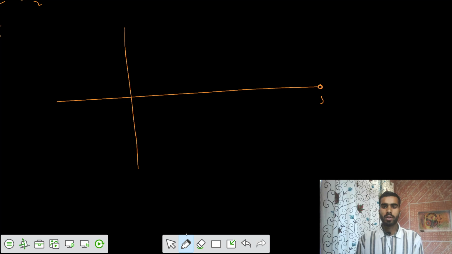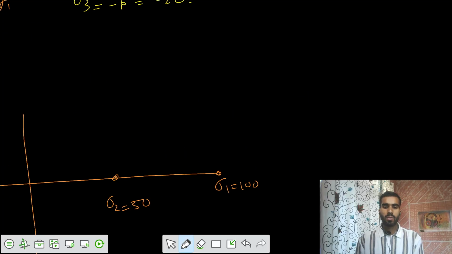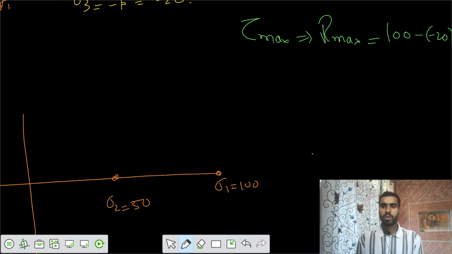Now, if you're talking about tau max absolute, sigma 1 is 100, let's say, sigma 2 is 50, and sigma 3 is minus 20. For the tau max absolute, I take the maximum radius I can have, R max. For that I can take the extreme values. I can say 100 minus minus 20 divided by 2. That is a radius of 60.